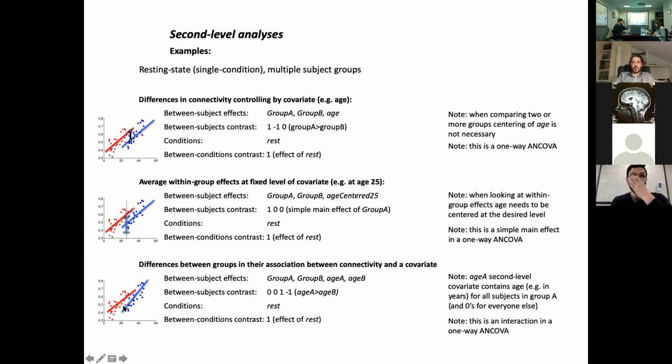You cannot ask whether activation in one group is higher than the other at the same age level if you assume the age covariation to be different, because at one age level it could be higher in one group and at another age level it could be higher in the other group. So it doesn't make conceptual sense to ask whether it's higher in one group versus the other, unless you specify an age level. Yeah.